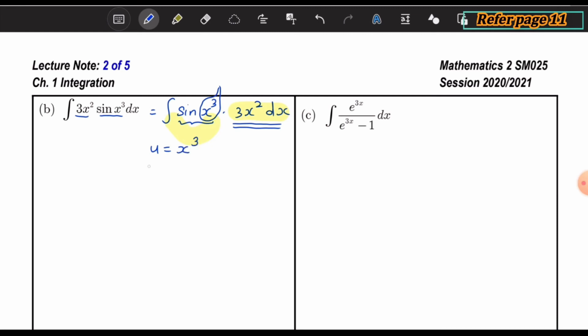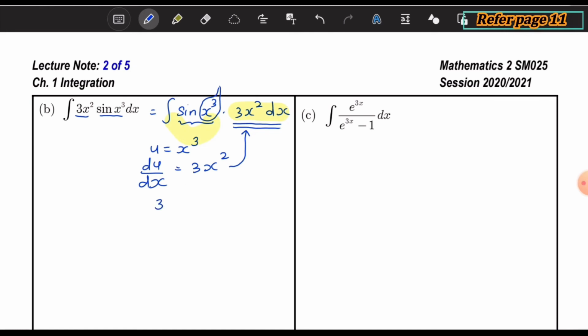And if we differentiate, du dx equal to 3x squared. Okay. And for this case, it is exactly equal to the remaining function, the function at the back. Okay.